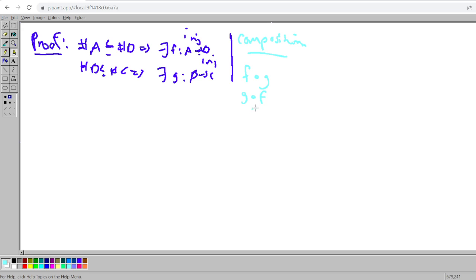In particular, you have our domain to the codomain, that is from B to C. This composition is the one we have to look at, because this one goes from the domain of F to the codomain of G. And this is the other way around, domain of G to the codomain of F. So we like that one a lot.